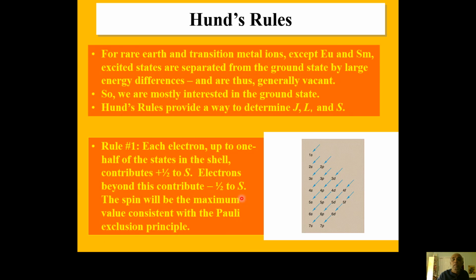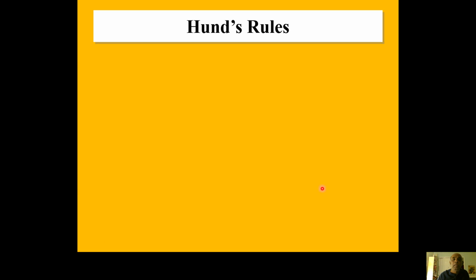This is how we know how the orbitals are filled: first 1s, 2s, then 2p, 3s, then 3p, 4s, 3d, in this order. So that helps us to study how these orbitals are filled.